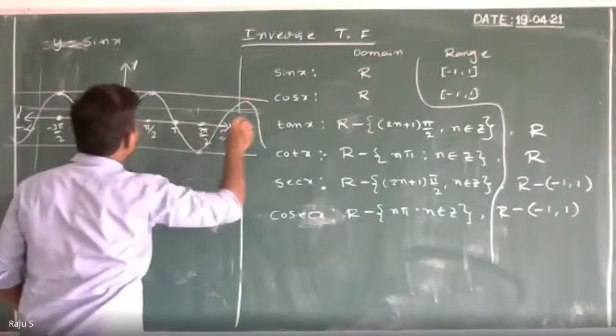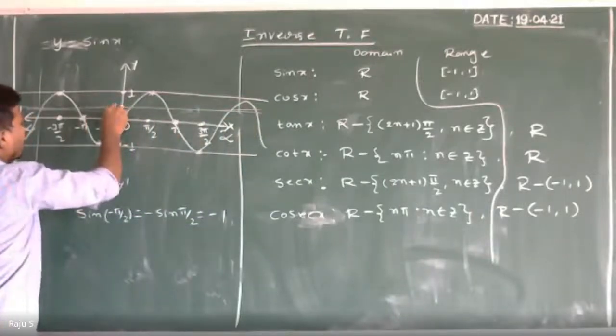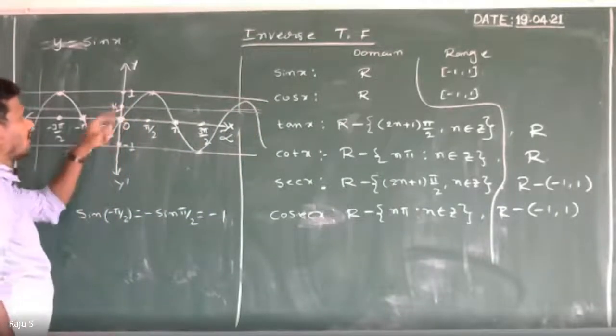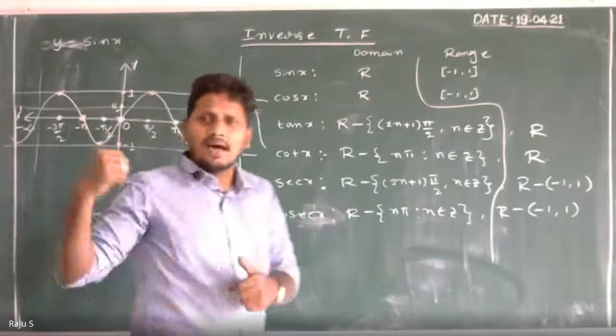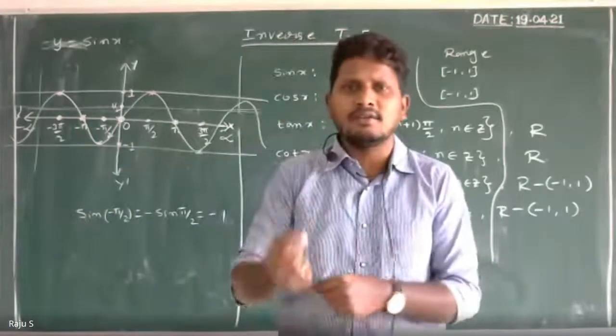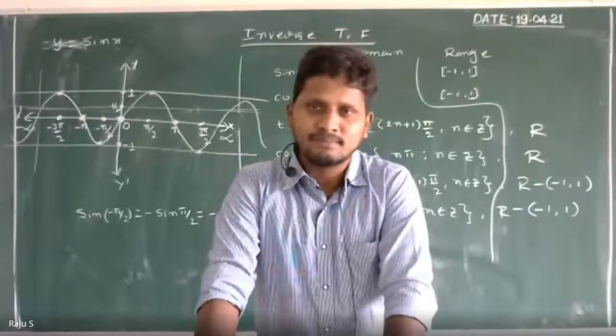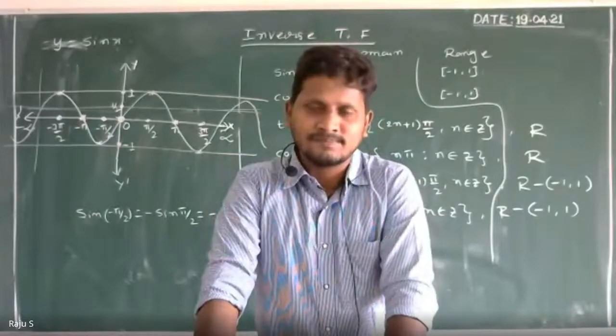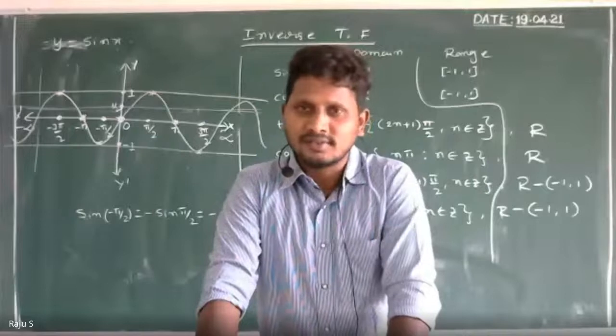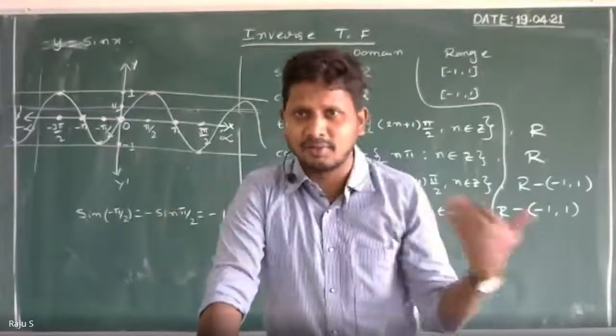Like I want to use horizontal line test. If I draw this line, y is equal to 1 by 2, that horizontal line can meet the given curve at how many points? How many points? From minus infinity to plus infinity.